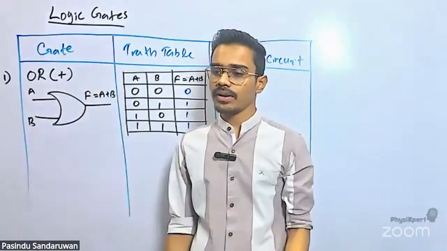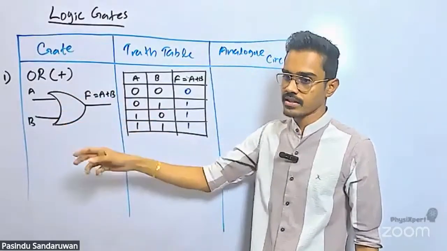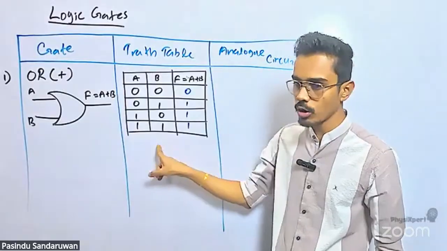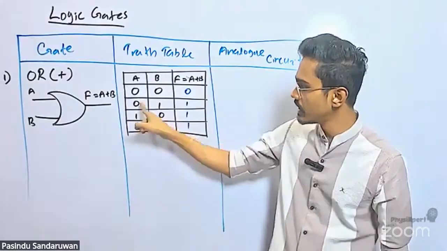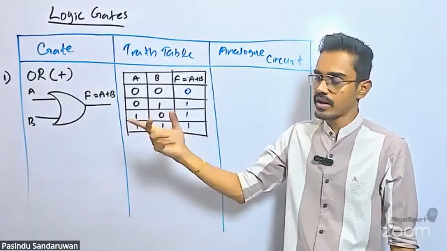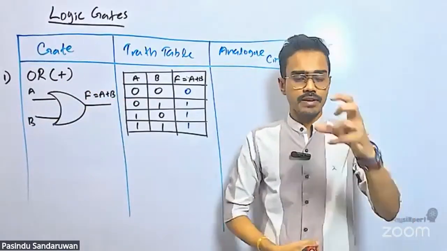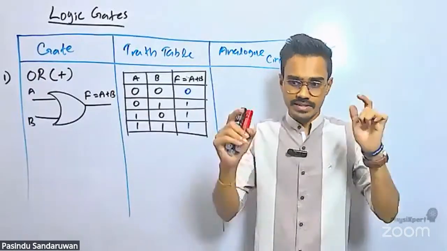The logic of OR is this: when A or B is 1, either of A or B is 1, the output is 1. That's the OR function, that's the digital logic.